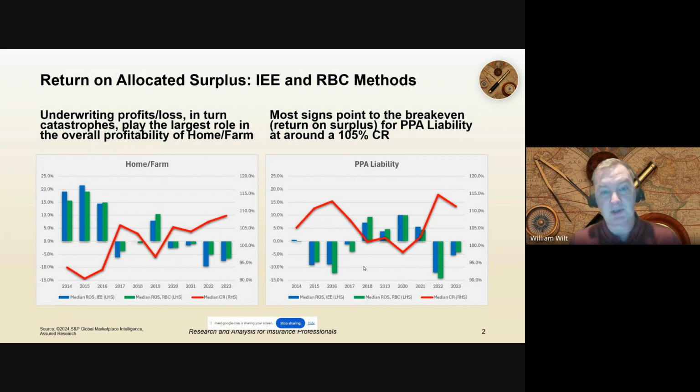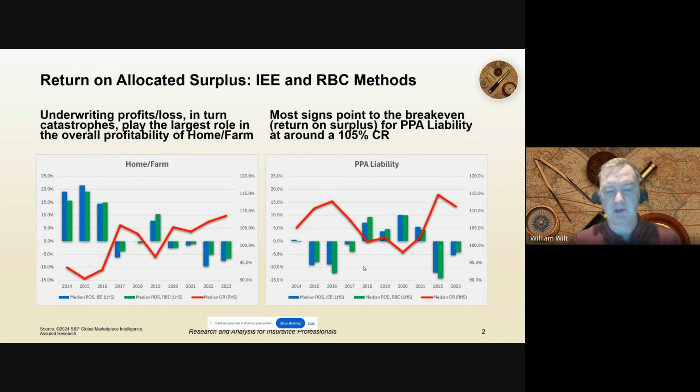But since 2017, really only 1 year that the industry, I shouldn't say the industry, these are the median results viewed across the top 10 writers of each line of business. So check that, not the industry, but at least among the top 10 writers, and to the extent that they're representative of the industry, haven't made money since 2017, only in 2019.